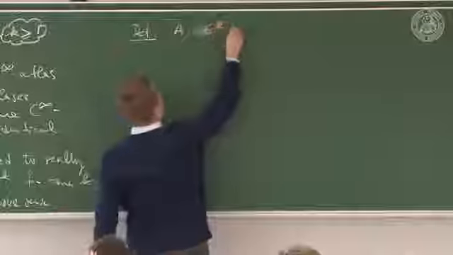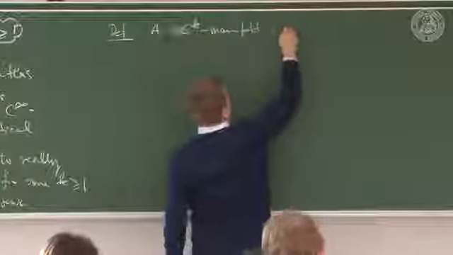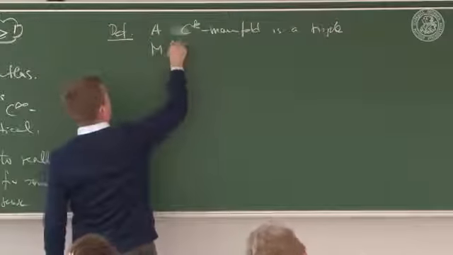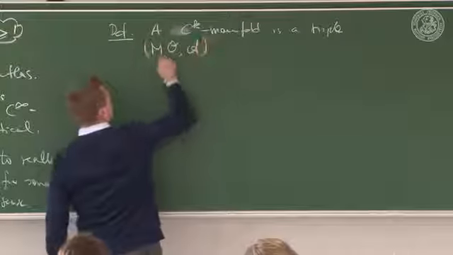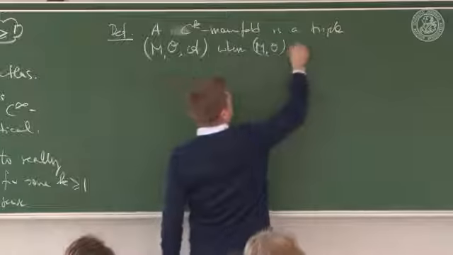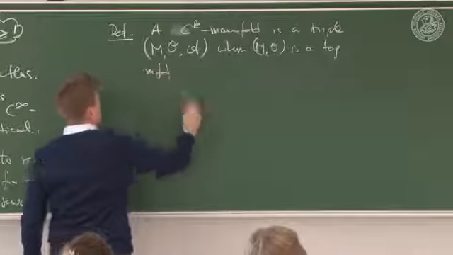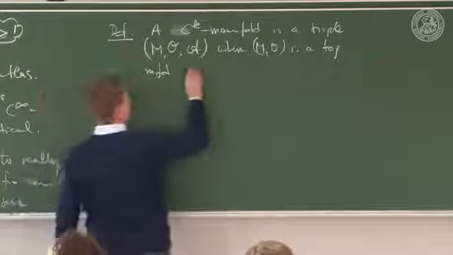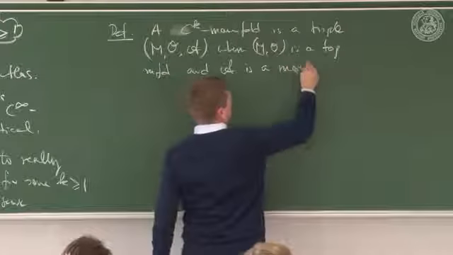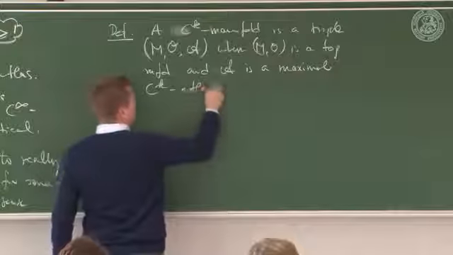Let's be a C^k manifold is a triple (M, O, A), where (M, O) is a topological manifold, of course that stays, and A is a maximal C^k atlas.